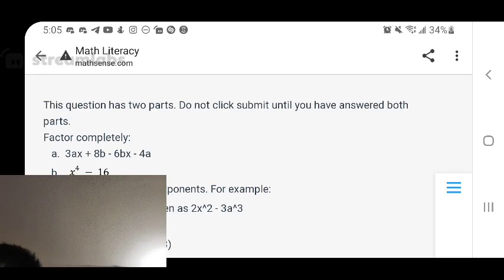X squared plus 4 can't be factored, I think. Yeah, just keep it x squared plus 4, and then x squared minus 4 can be factored: x squared minus 2x plus 2x minus 4.